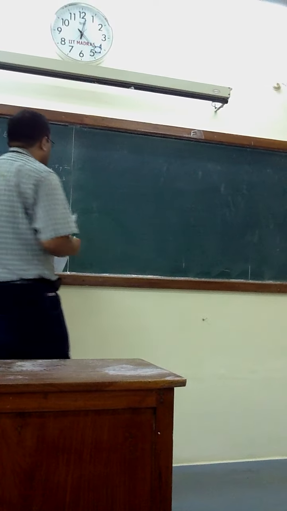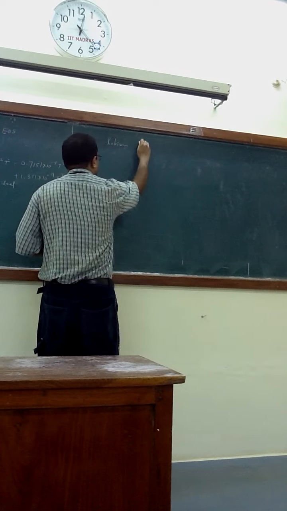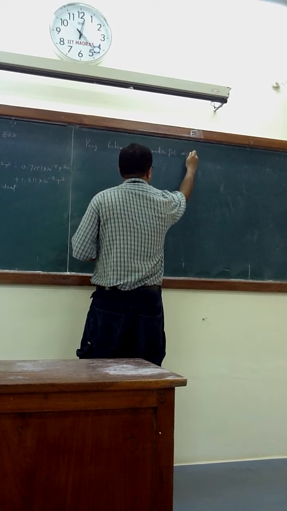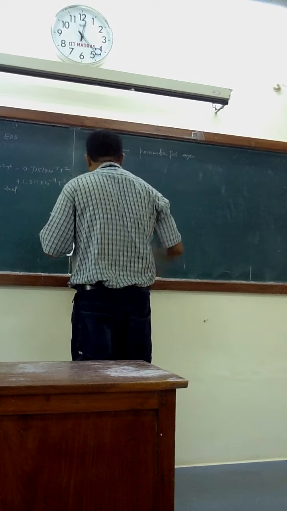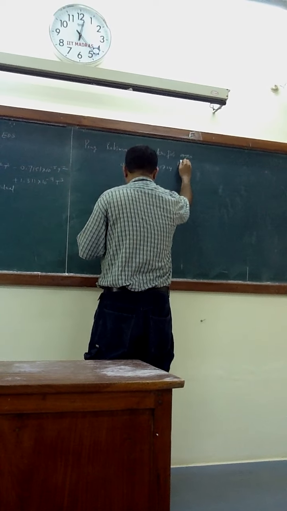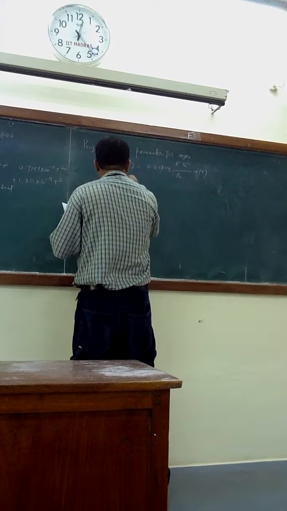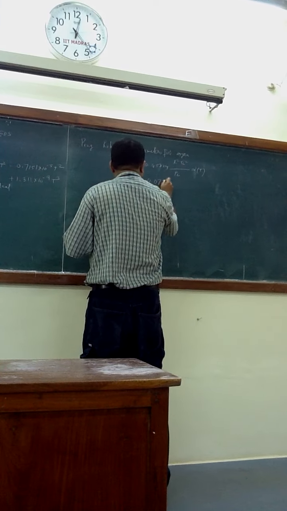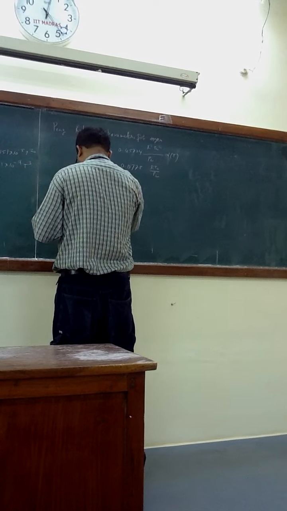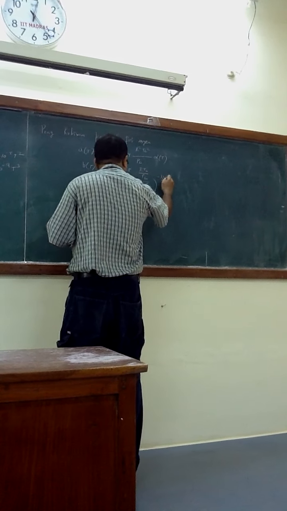Peng-Robinson parameters for oxygen: a(T) is 0.45724 R square Tc square by Pc alpha(T), b(T) is 0.0778 R Tc by Pc, alpha(T) is 1 plus kappa into 1 minus square root of T by Tc, whole to the power minus half.